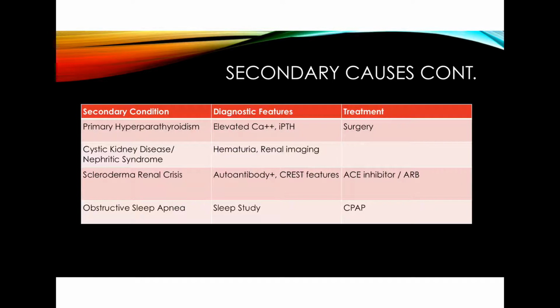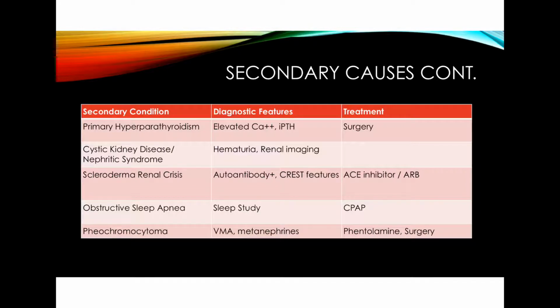Obstructive sleep apnea should be suspected in patients who have reported daytime sleepiness, obesity, and snoring. They are diagnosed with a polysomnography test or sleep study, and it's treated with a CPAP machine.